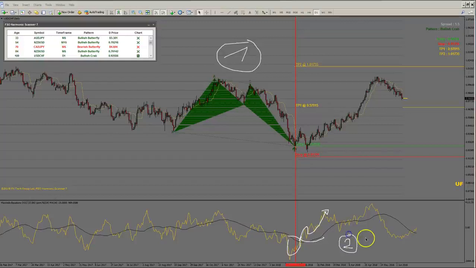Two. Pattern fires, one. Maxwell's equation indicator shows your clear confirmation, two. So then you have to wait for the entry confirmation. Do not execute the trade right now.